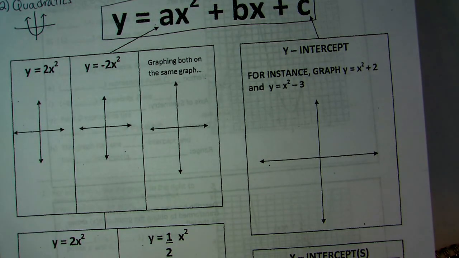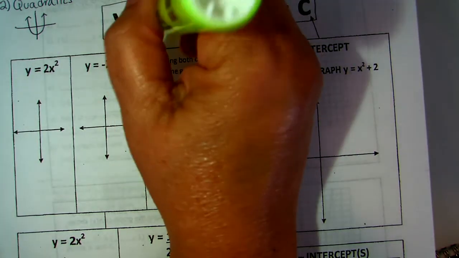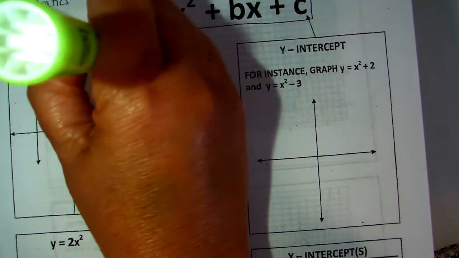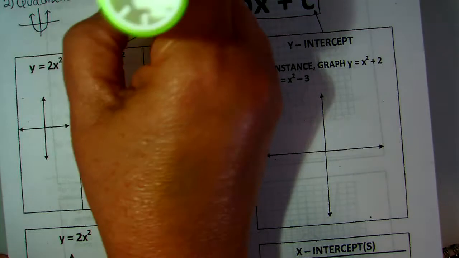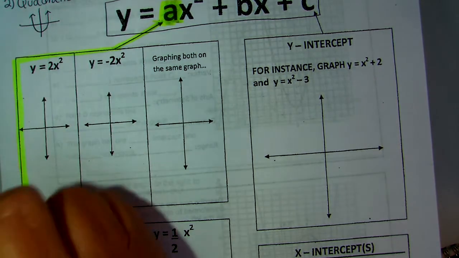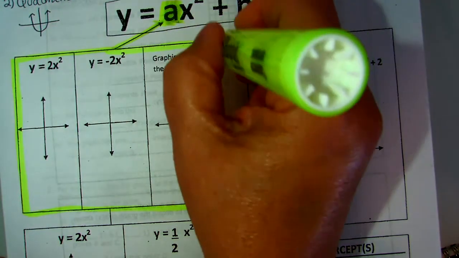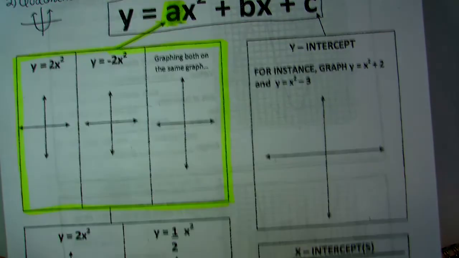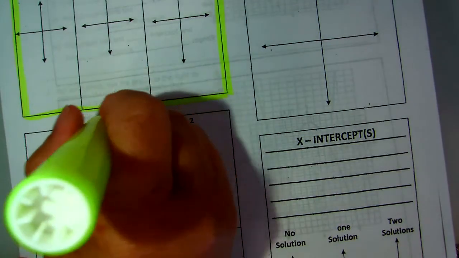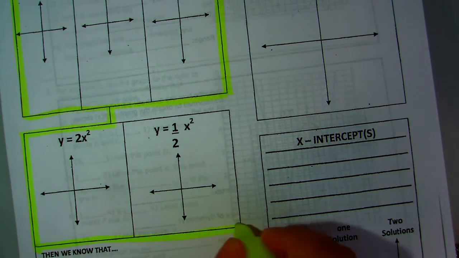Let's begin talking about this letter. If you see, this letter has a whole box for itself. So let's highlight the box. And it continues over here. All right.